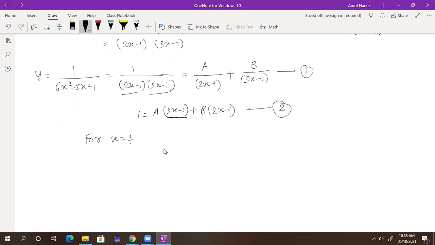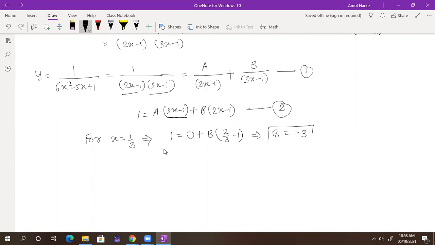If I substitute x is equal to 1 by 3, what do I get? 1 is equal to 0 plus B into 2 divided by 3 minus 1. So B is equal to what? 1 by 3 times 2 minus 3 is minus 1 by 3, so I get minus 3. B equals minus 3.